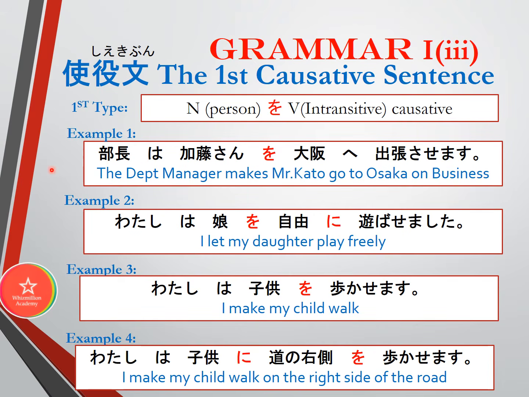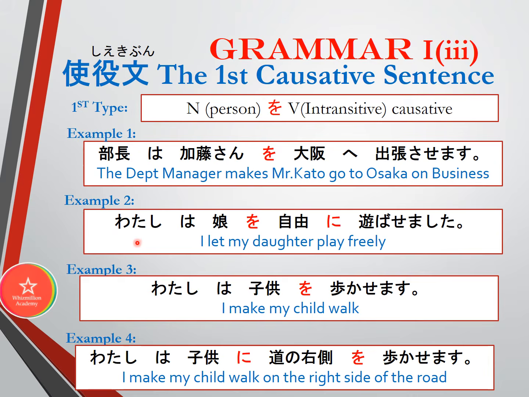Always remember in all sentences, the person at the beginning of the sentence is the one giving the instruction or the permission. In this case, Bucho is giving the instruction to Kato-san. Kato-san is the one receiving this instruction to go out of town to Osaka. So the particle を is attached to Kato-san.